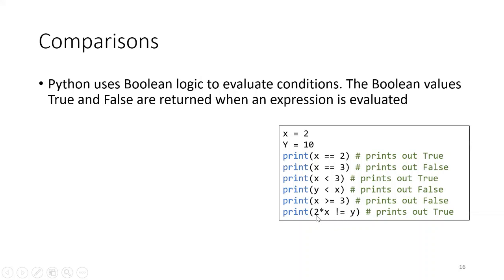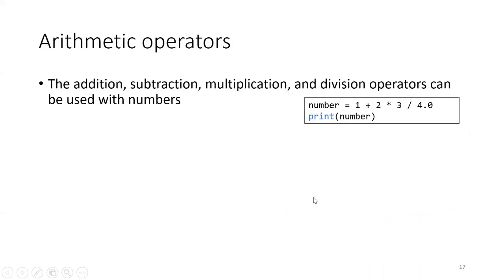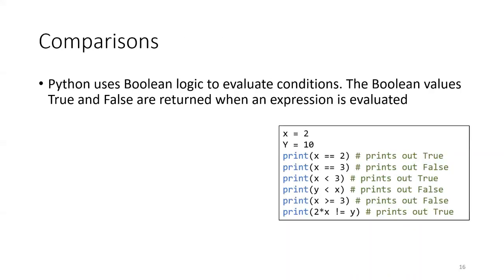For example, here 2 times x is checked against y, and we want to see whether or not they are equal. 2 times x is 4, y is 10, so 4 is not equal to 10. So this expression is valid, so true will be printed out. Let's try them now.